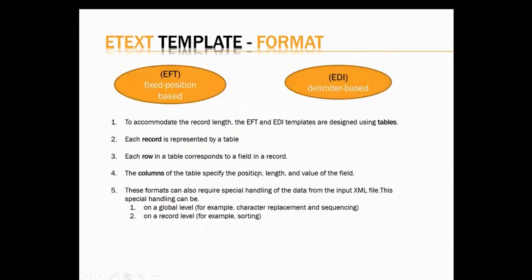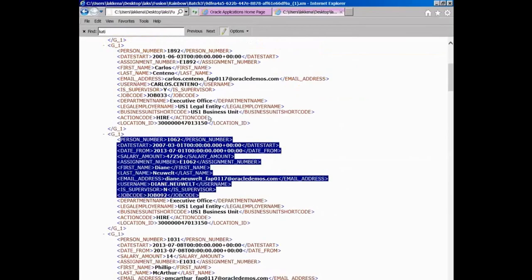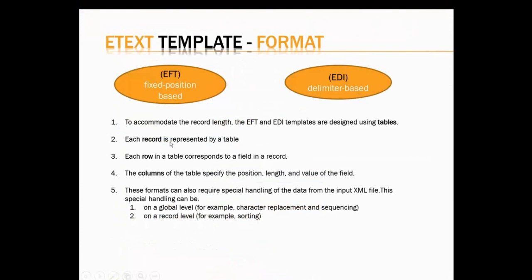So in the eText format, each record, whatever I was showing here, is represented by a table. And each row in the table corresponds to a field in a record. I'm going to show all of this practically in a while; I'm just giving the fundamentals.